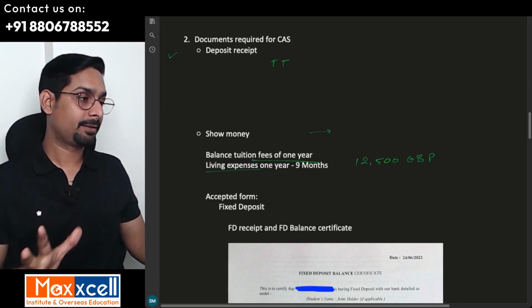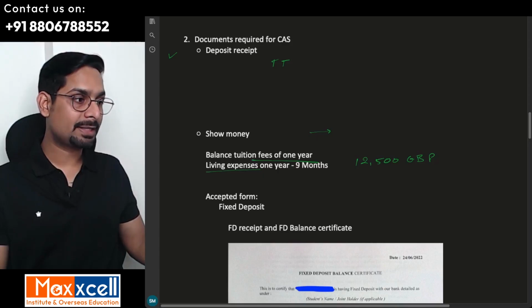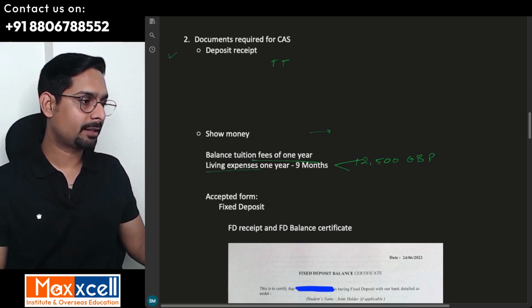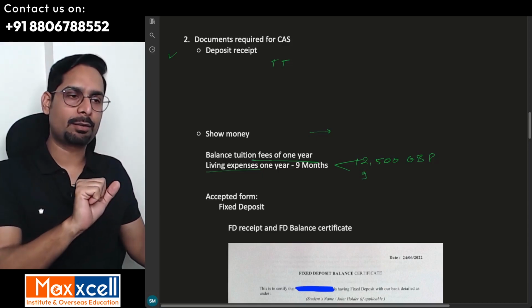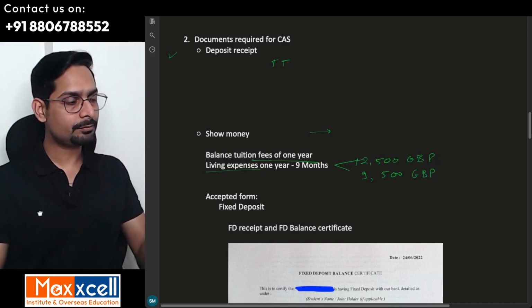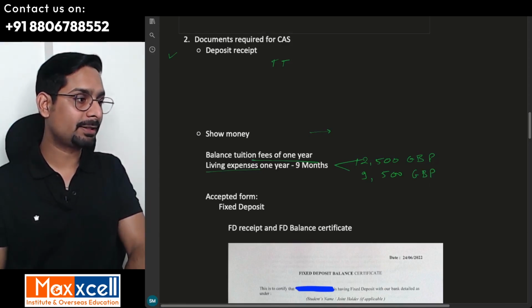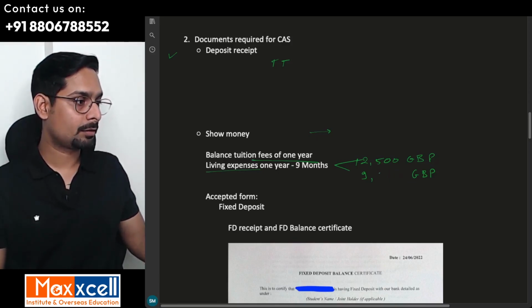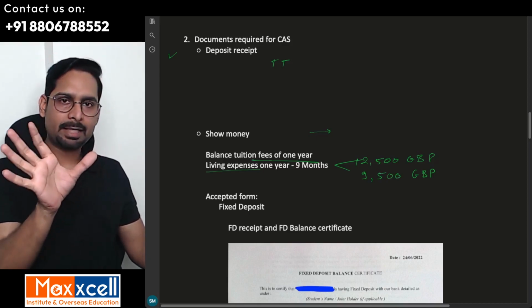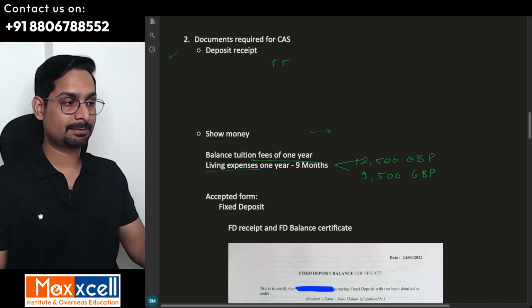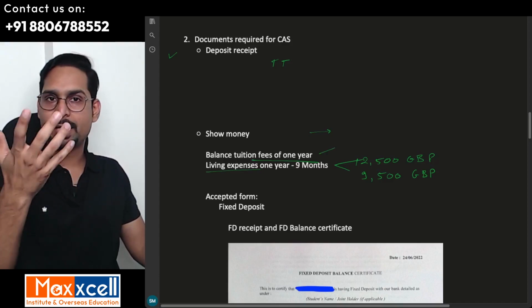If your university is outside London, then you require 9,270 pounds, but I'll round it off to 9,500 pounds. It's always good to have a little surplus in your bank account. These are approximate amounts; don't worry about the exact value, but keep this approximation in mind for the living expenses.